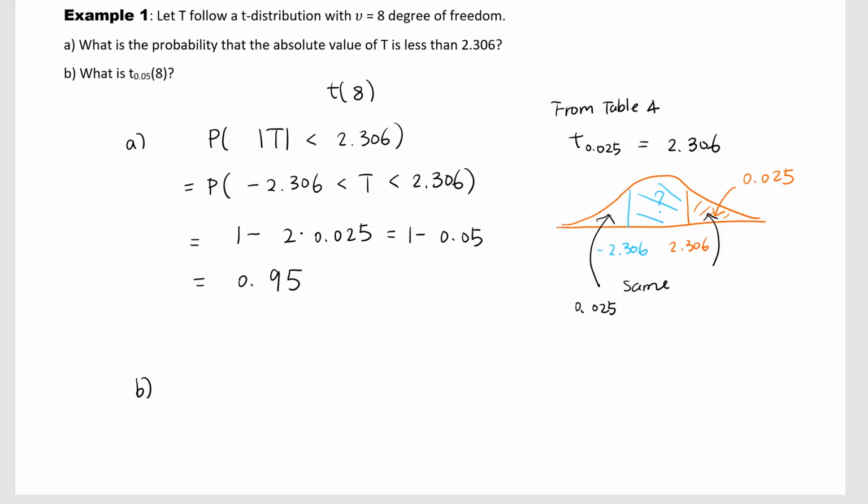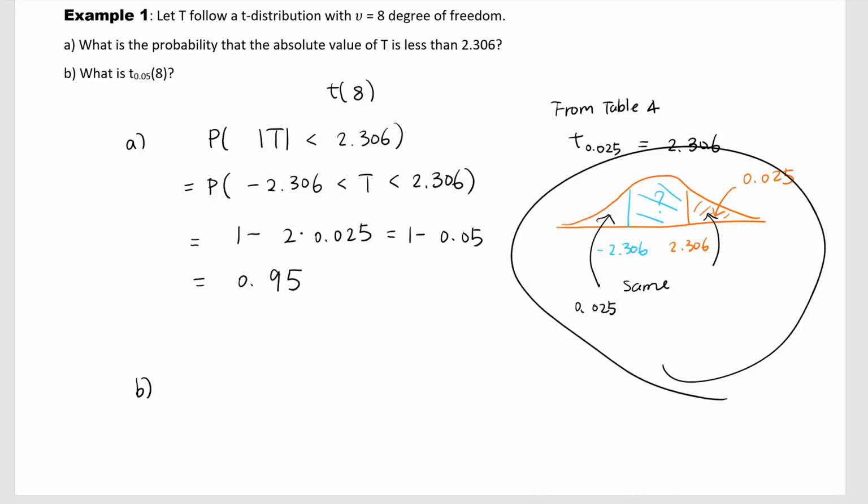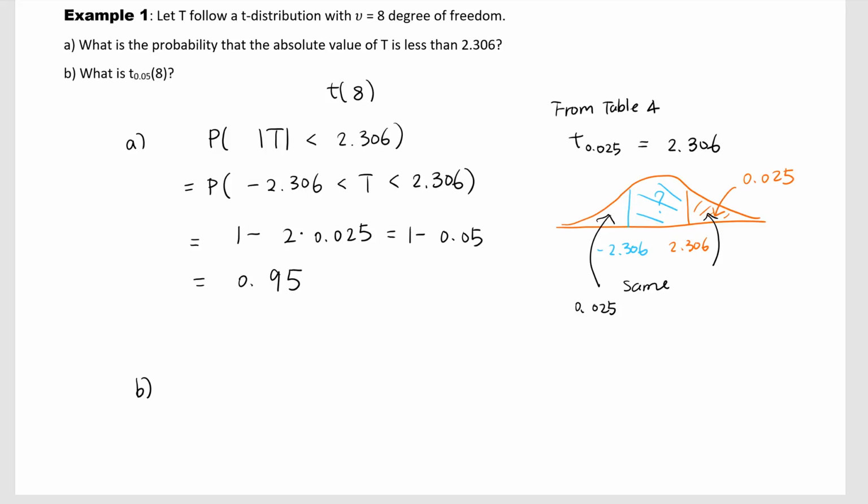I strongly recommend that when you look at the t alpha values from the table, please draw the picture. It can help us figure out what the probability is and what the t value is. Part B, what is t.05 of 8?